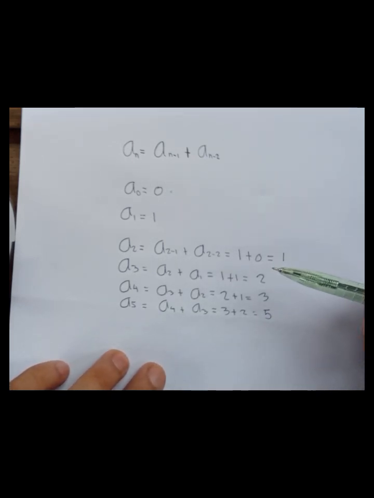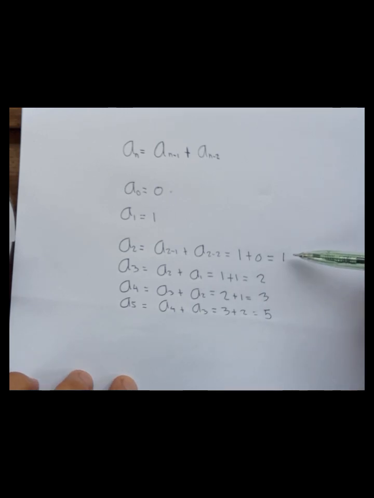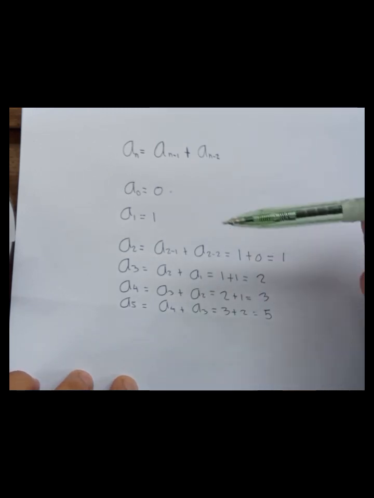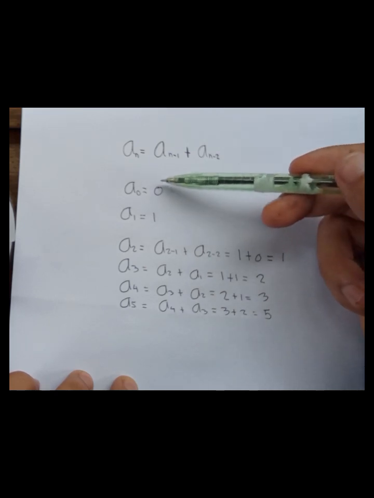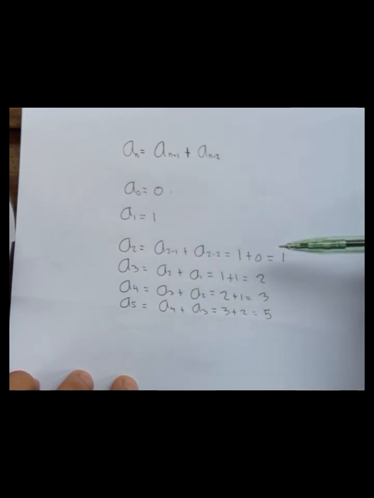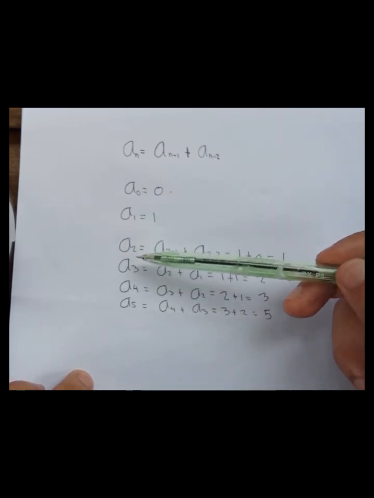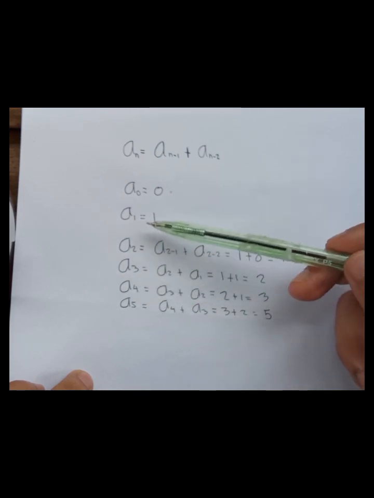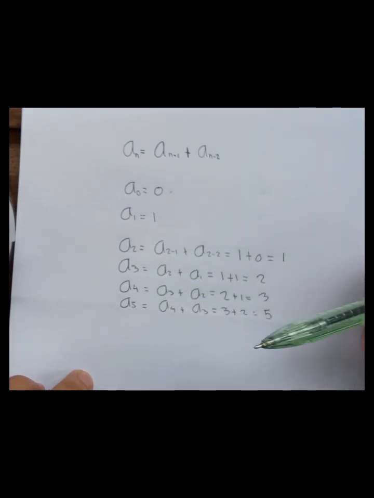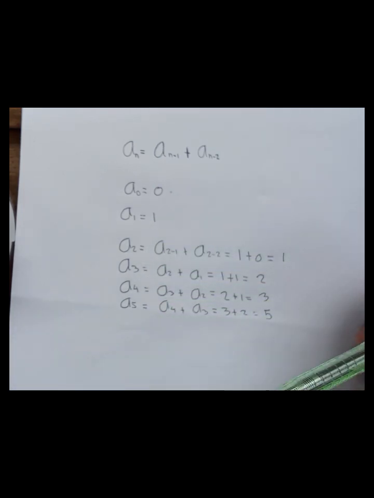So the sequence goes like this, 0, 1 if we start here, 0, 1, 1, 2, 3, 5, and so on and so forth. If we continue these numbers, or a sub 1 to a sub n, given that n is a whole number.